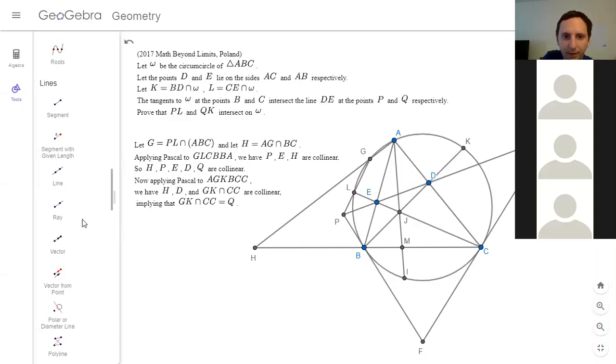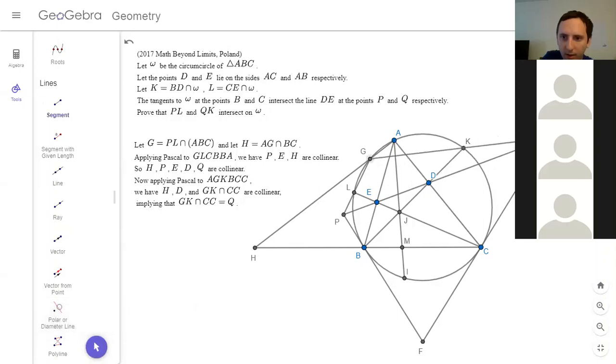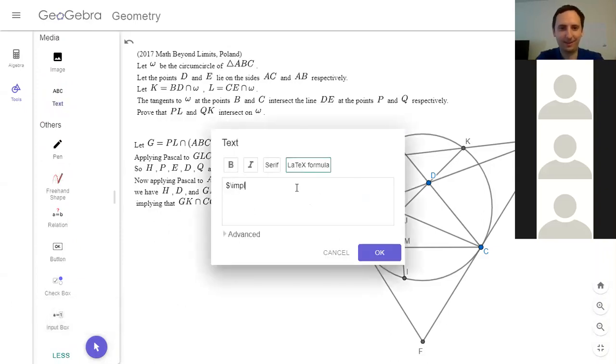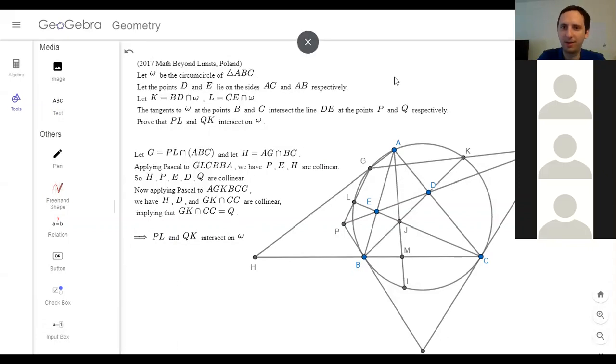So this implies that PL and QK intersect on omega. I like this. PL and QK intersect. Yeah, Pascal's very slick. Pascal just cracks everything open.